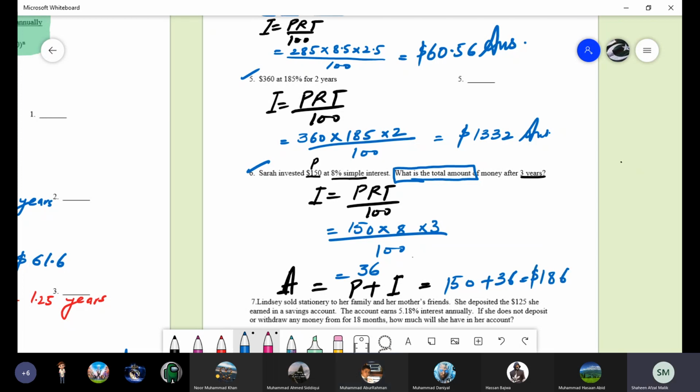Read the questions carefully whenever you are solving, and see what the requirement of the question is. Here the question asks for the total amount of money after 3 years, so first we find the interest, then amount will be principal plus interest. Very good. Thank you, Abdur Rahman.